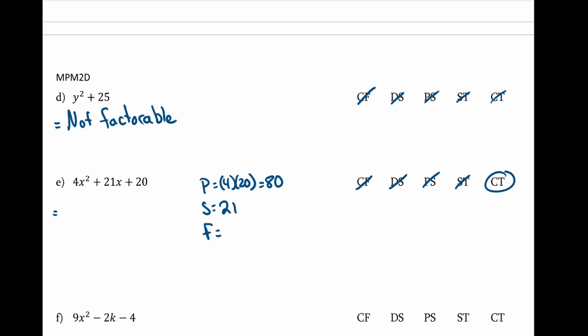So if we play around, 10 and 8 don't work, but we do have 5 and 16 that work. So 5 and 16 are going to be my two factors.